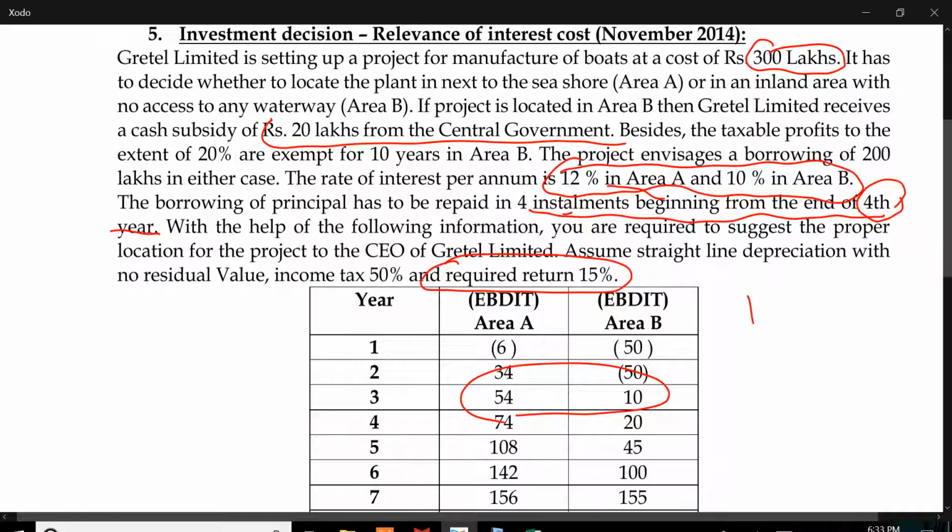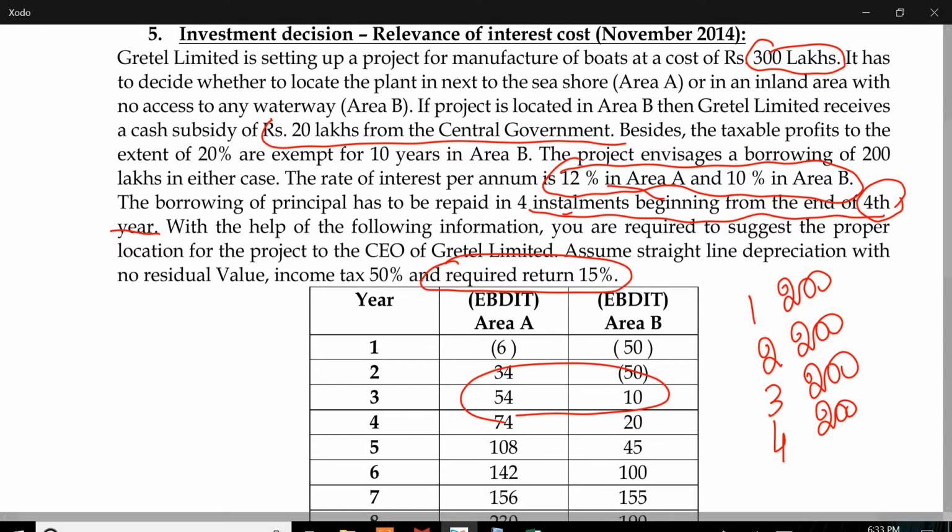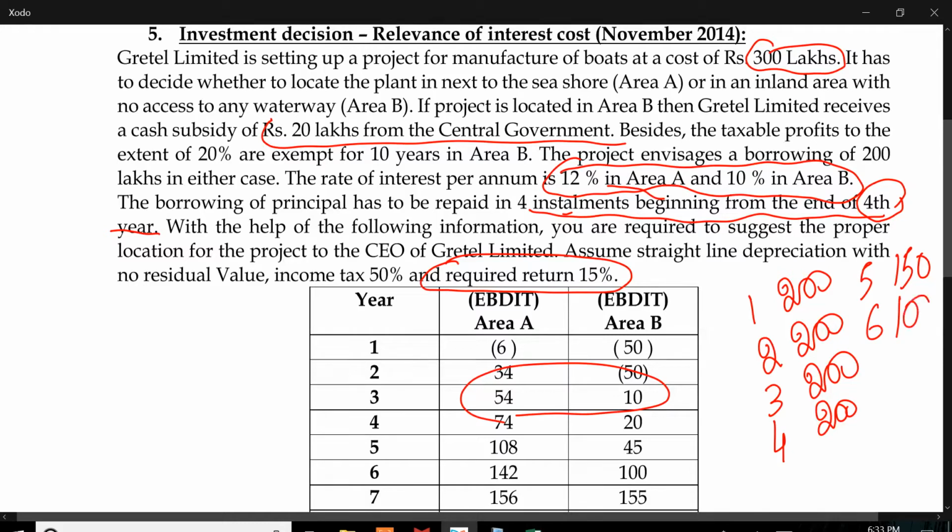In the 5th year you will pay interest only on 150, 6th year only on 100, 7th year only on 50, and from the 8th year onwards you don't pay any interest.